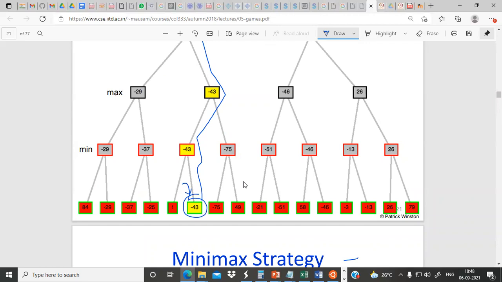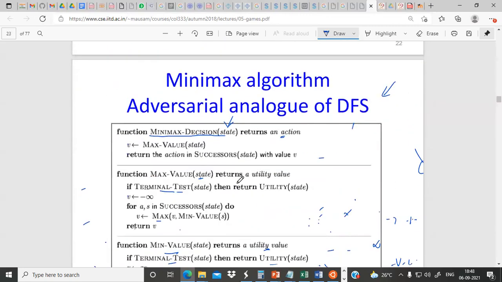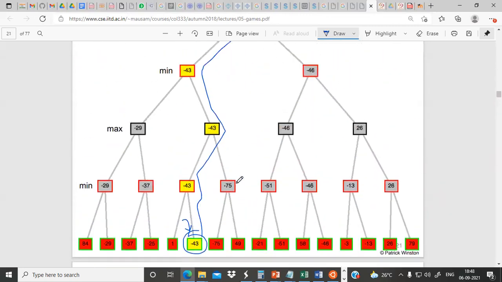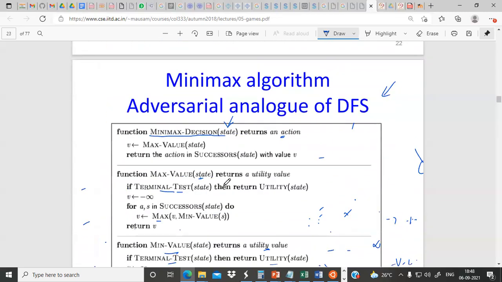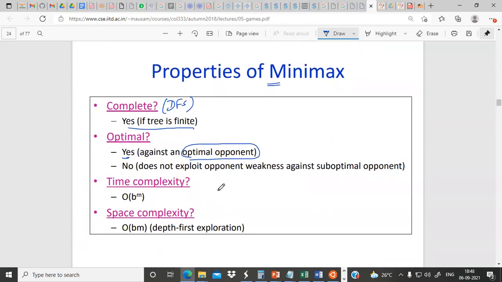With an optimal opponent, minimax is optimal, because when an optimal opponent is playing, this is the best solution you can arrive at. There is no other better solution. So yes, it is optimal against an optimal opponent.